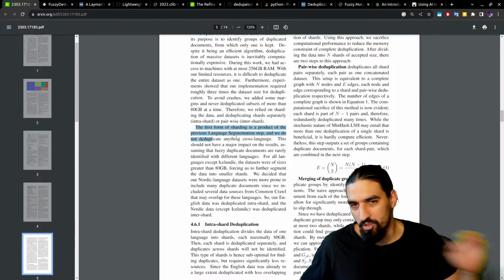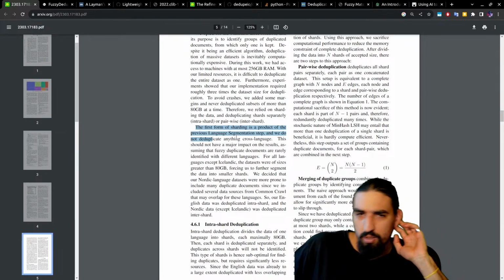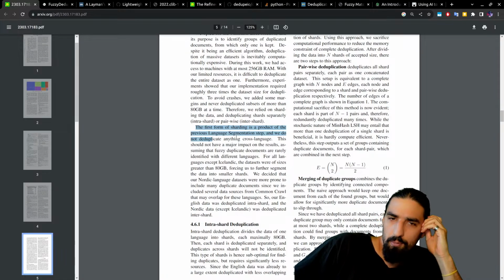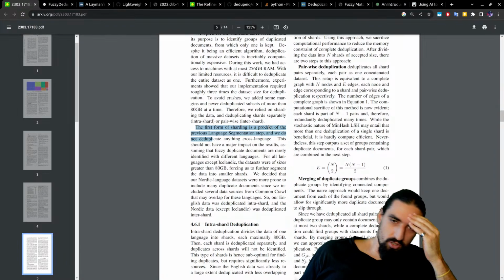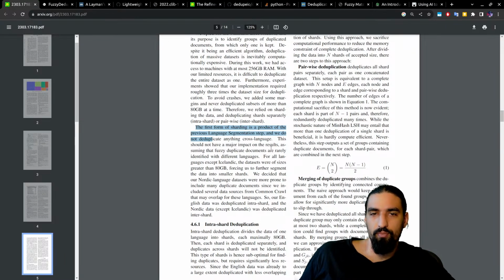The first form of sharding is a product of the previous language segmentation step, and we do not deduplicate across anything cross-language. This should not have major impact on the result, assuming that fuzzy duplicate documents are rarely identified with different languages.